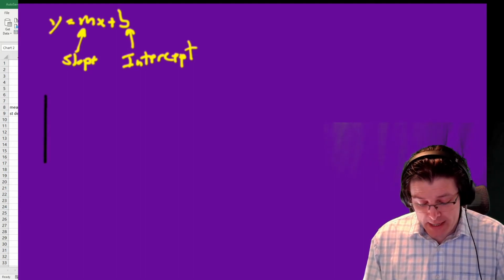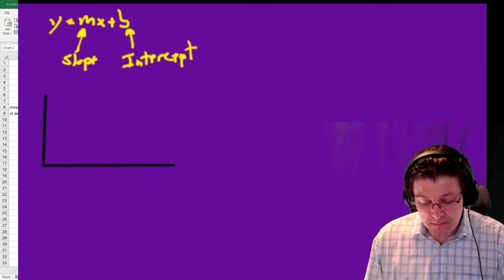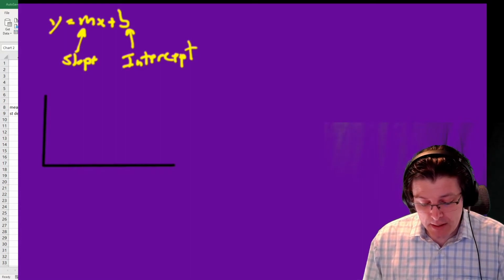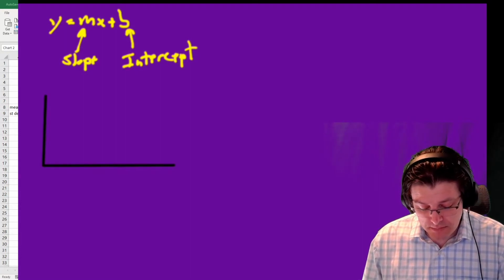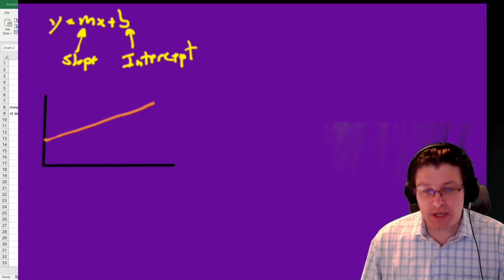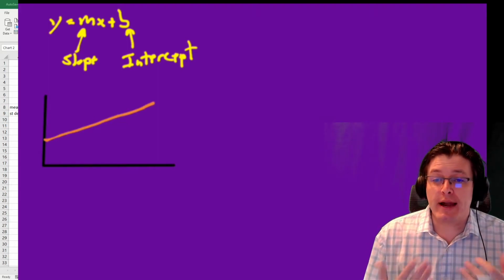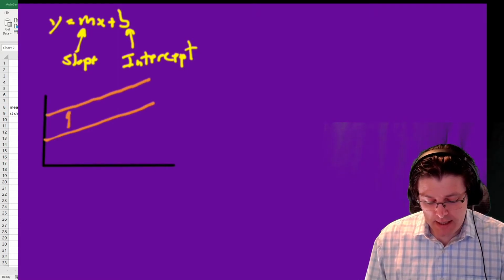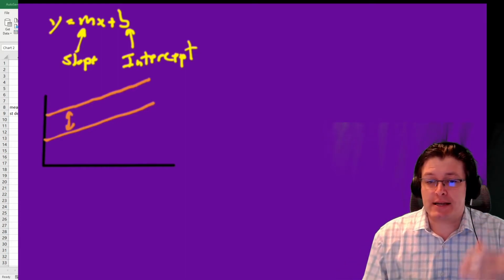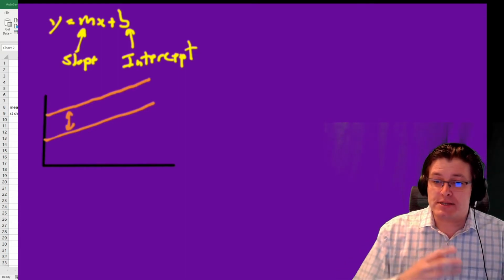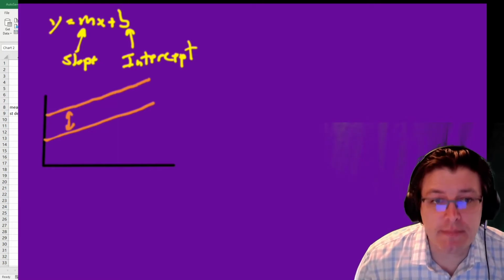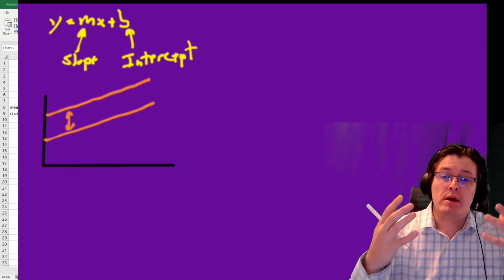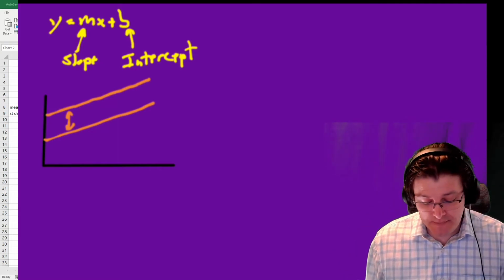If we don't have the intercept, then it could be any of these lines that are parallel, right? The slope is telling us the rise over the run, but we need that intercept to know where it intersects the y-axis.